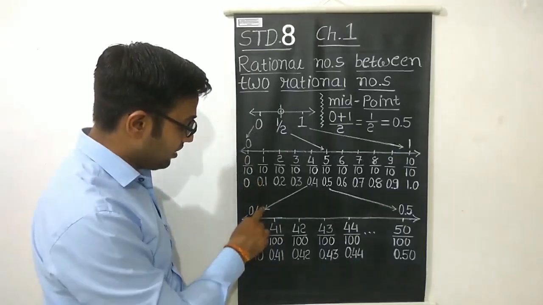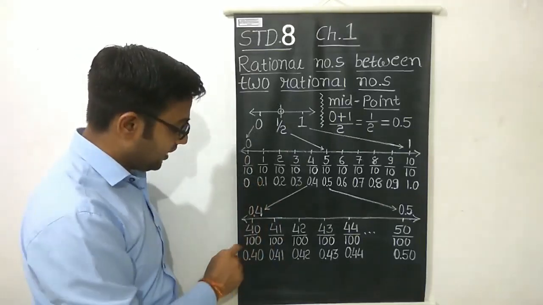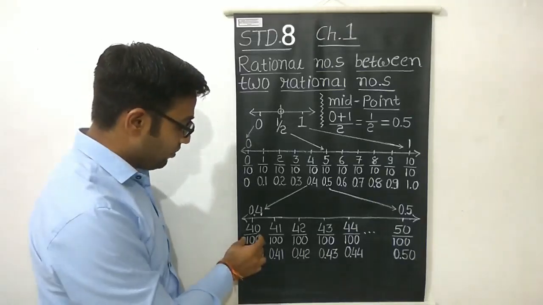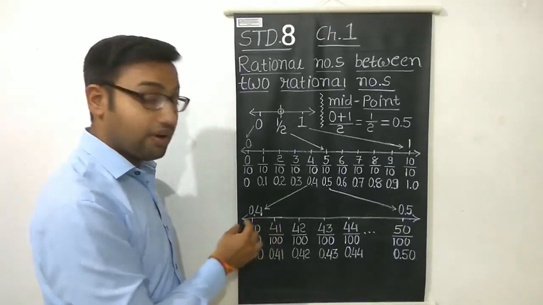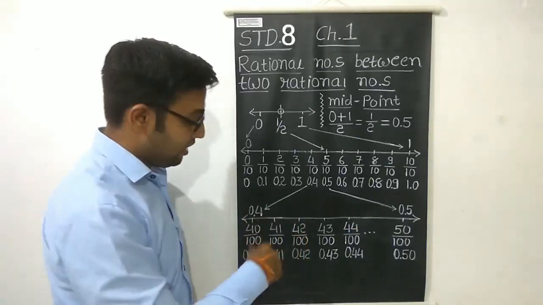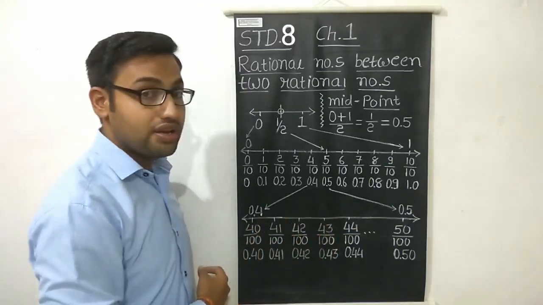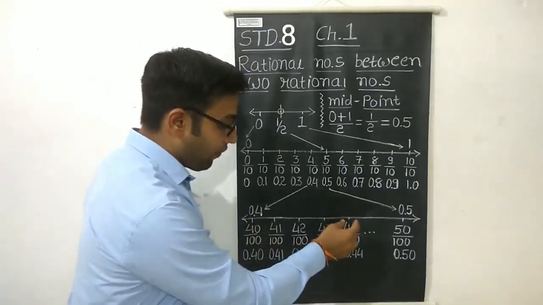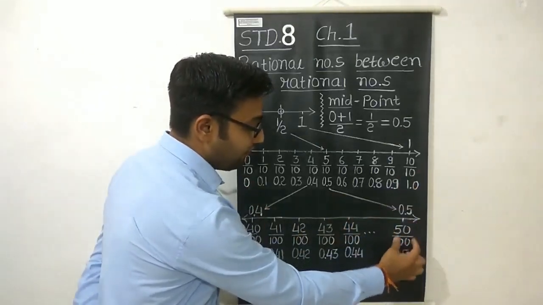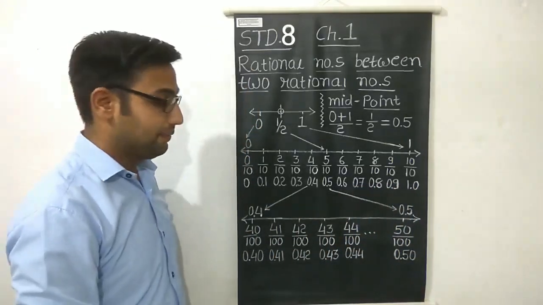So the first number, 0.4, we can write as 40 upon 100, right? The next number is 41 upon 100. Add 1 to 41 and we get 42 upon 100. Add 1 to 42 and we get 43 upon 100. In the same way 44 upon 100, and the last number we get is 50 upon 100, right?